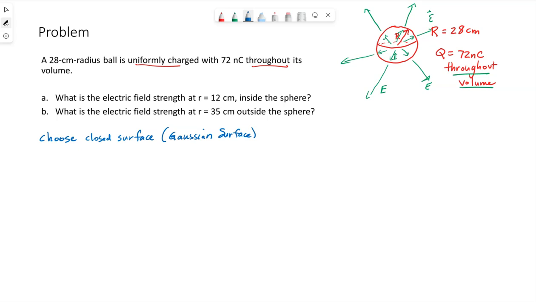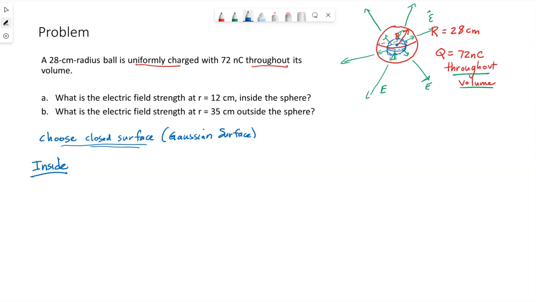So let's talk about inside the sphere first. Inside this sphere, I'm going to draw another sphere representing my closed surface, or Gaussian surface. To have this symmetry, the sphere I'm drawing needs to have the same center as the actual charged sphere. So I'm drawing another little sphere in here.